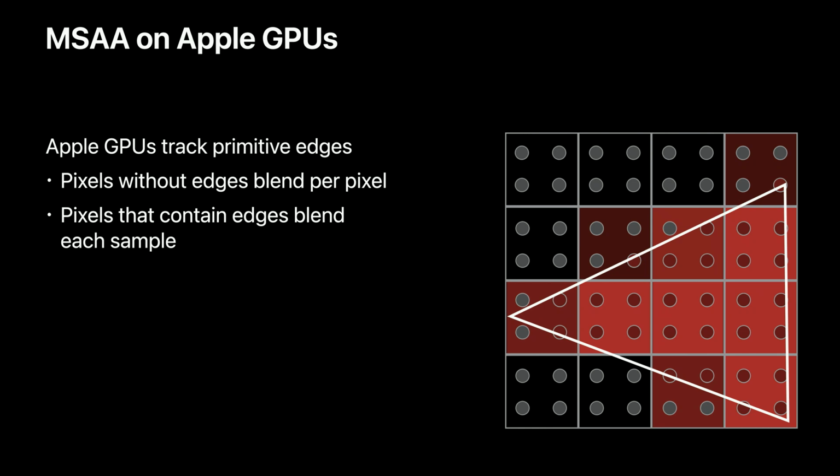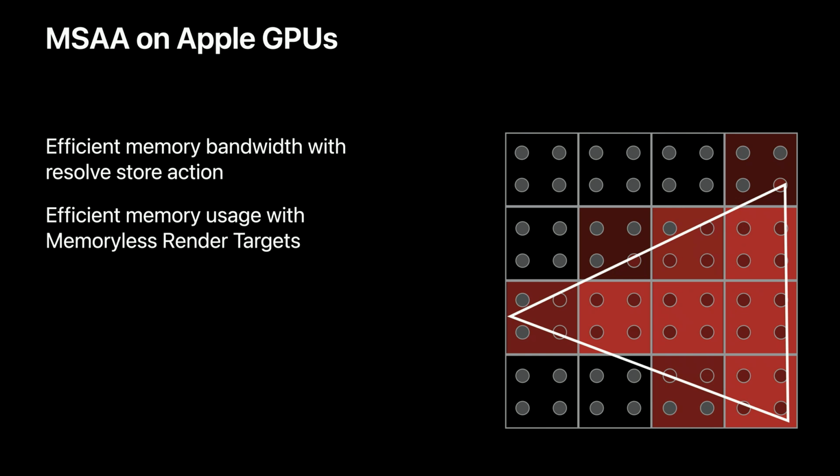Apple GPUs will track the primitive edges, so pixels without edges will blend per pixel, and pixels that contain edges will blend each sample. But that is not all. The multiple samples are stored on chip, in tile memory, and resolved once the tile is flushed. This makes the store action very efficient, and you can also use memory-less storage mode to save some footprint.